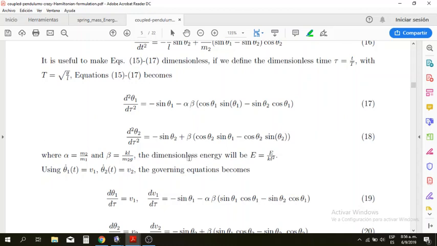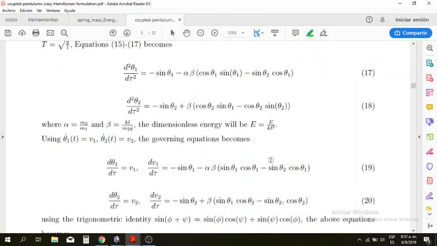Of course, we also need to make the energy dimensionless. The dimensionless energy will be E divided by k times L squared.